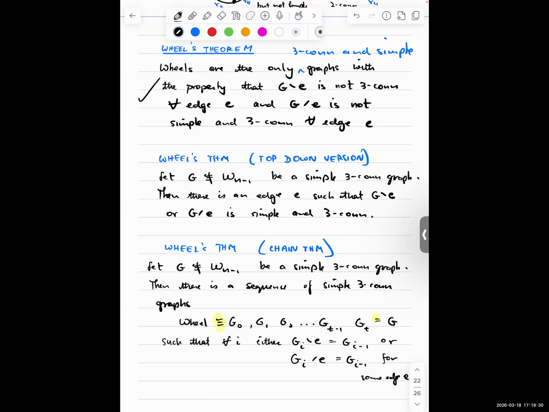So the Wheels theorem doesn't tell you which wheel. That's important to note. And if you hit a wheel, then you're stuck there because the wheels don't have this property: you delete any edge or you contract any edge, and you won't get a simple 3-connected graph. We can say that wheels are the minimal 3-connected and simple graphs.